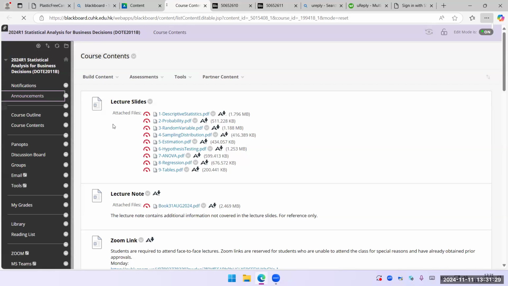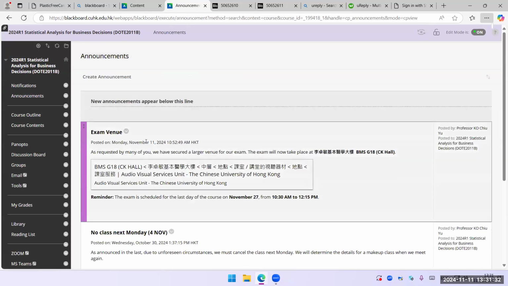Just a quick announcement about the exam venue, because some of you told me that you want a bigger table because of open book exam. So that will be in the BMS basic medical building, that would be in the central campus.